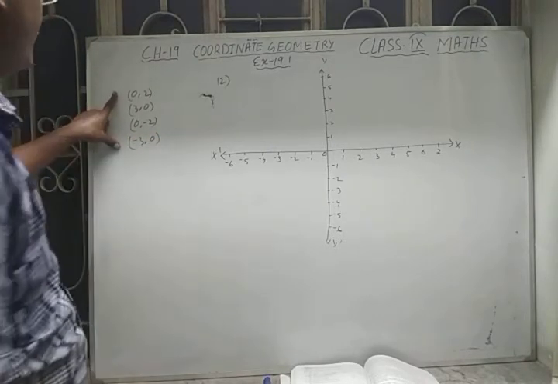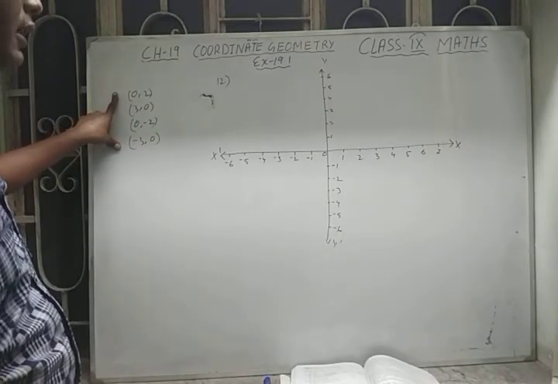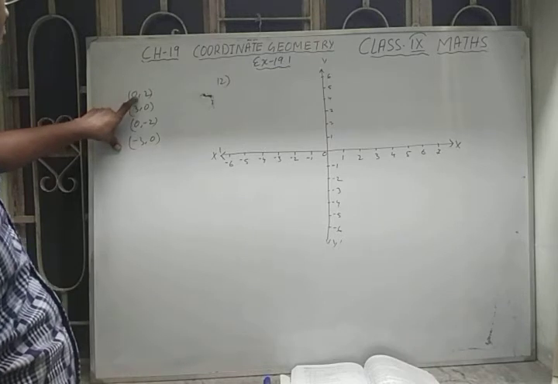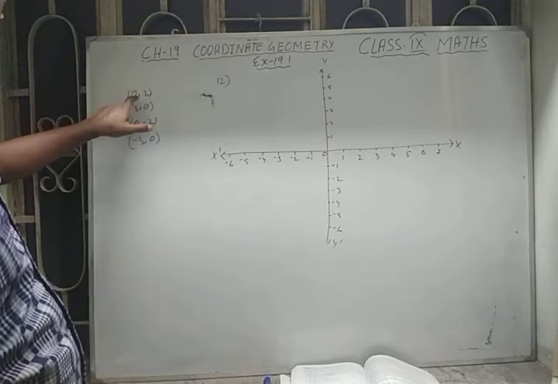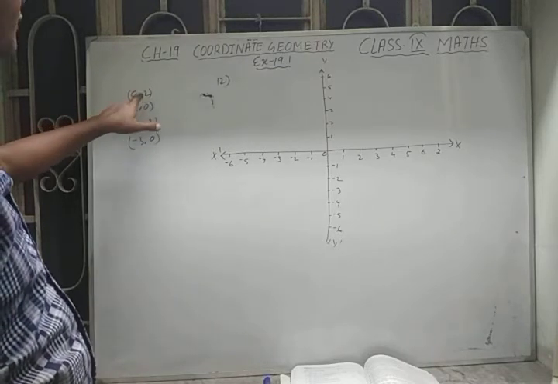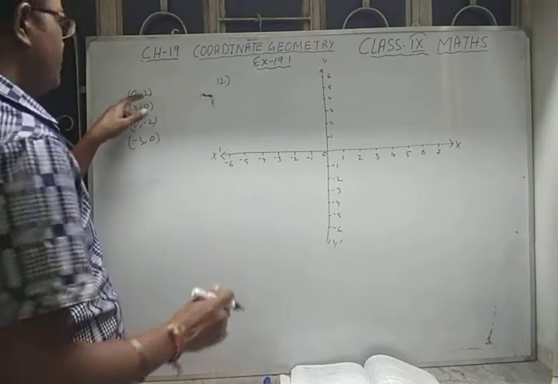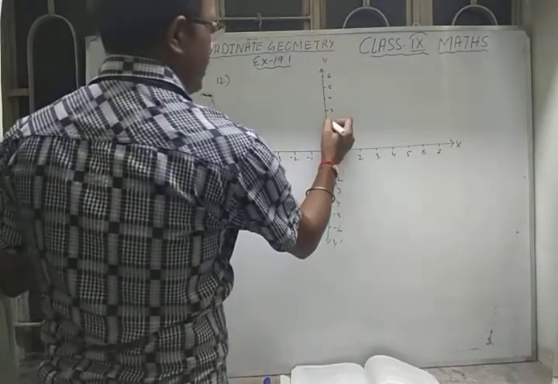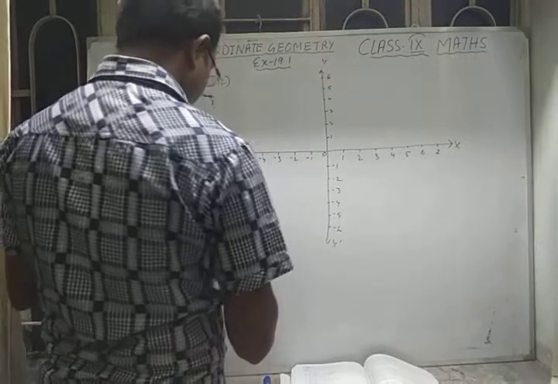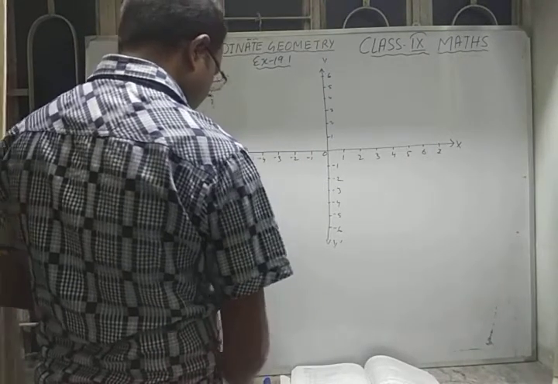First of all, you plot all these 4 points on the graph. So (0, 2) means x is 0, y is 2. That means it will lie on the y-axis. So where is 2 on the y-axis? It is here, so you have to plot the point like this.